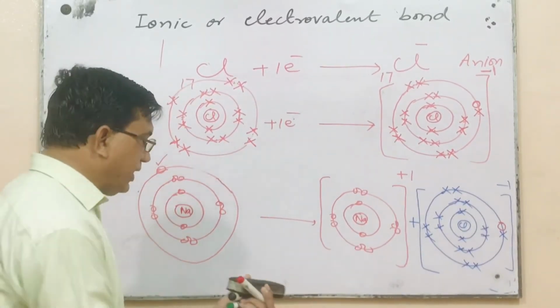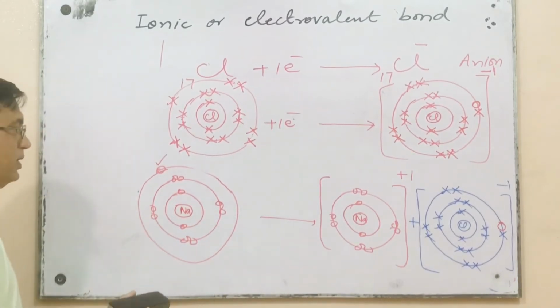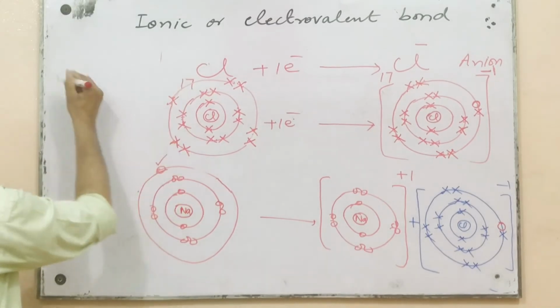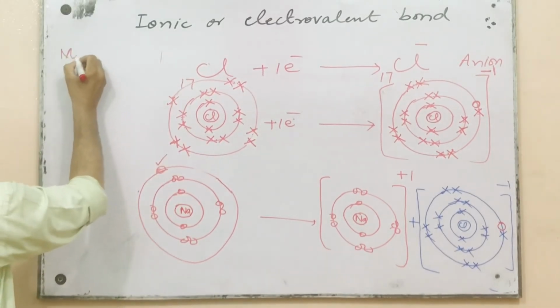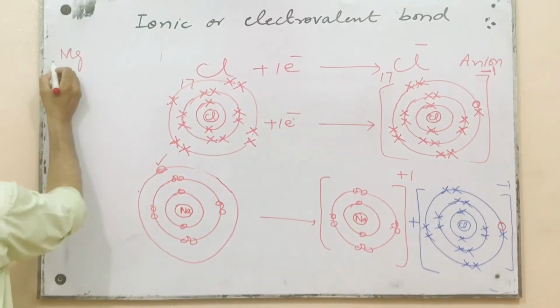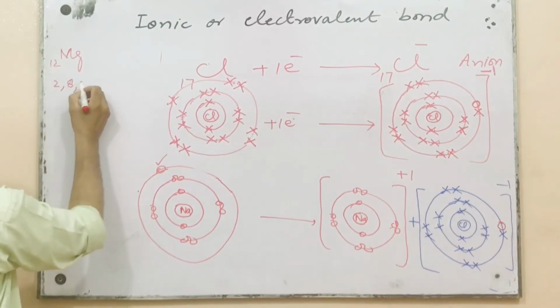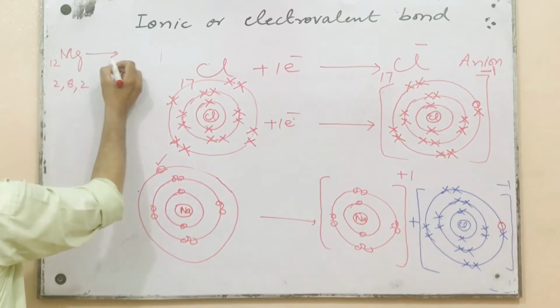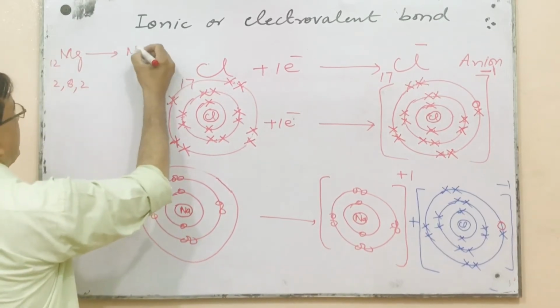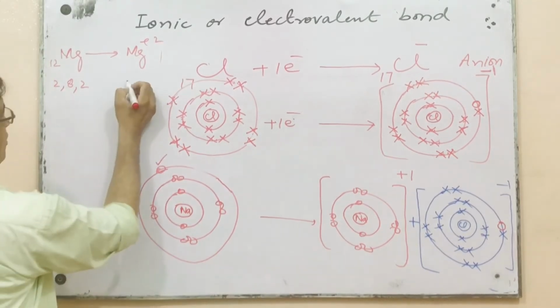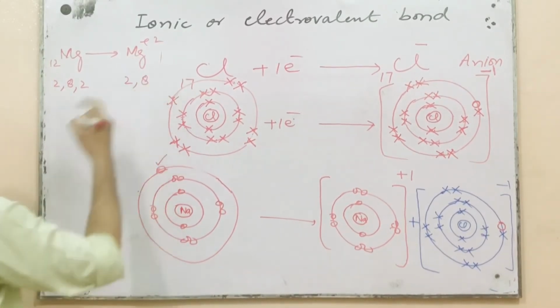For example, in case of magnesium oxide, magnesium has proton number 12, electronic configuration 2,8,2. This loses 2 electrons and becomes magnesium ion with electronic configuration 2,8, inert gas electronic configuration.